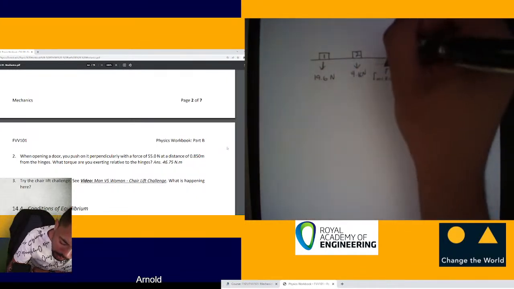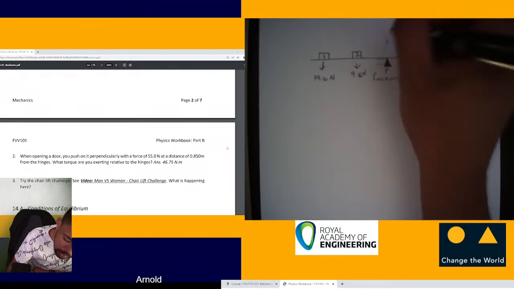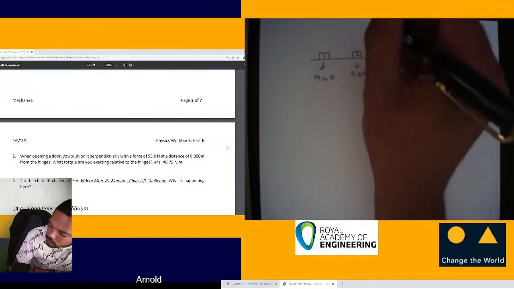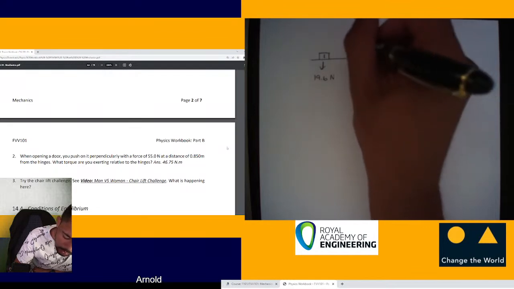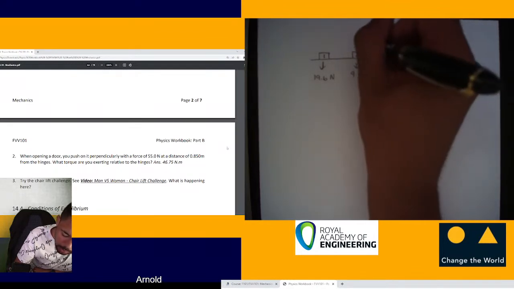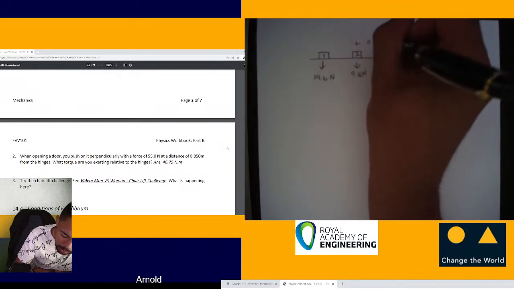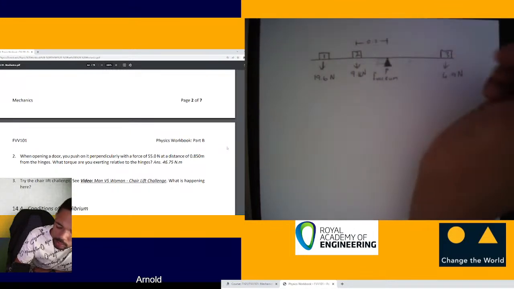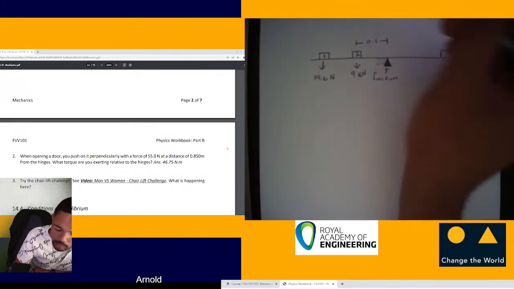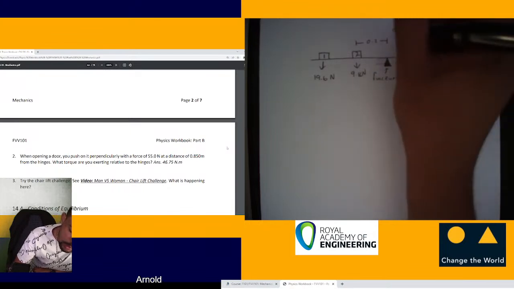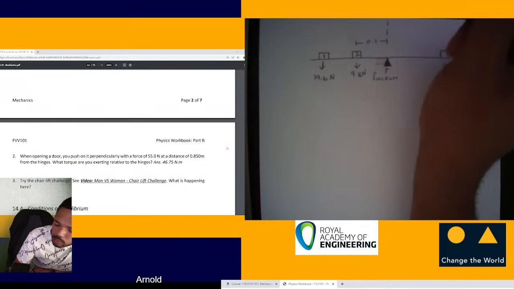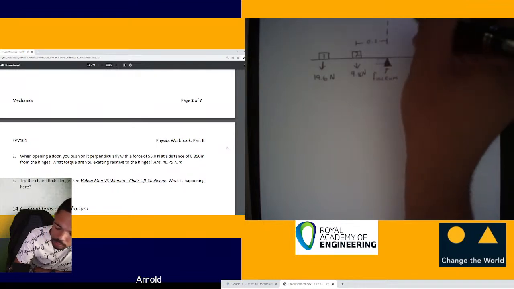Now there's something I almost missed, to give you the distances. The first distance, from box number 1 to the fulcrum, is 0.2 meters. I'm not going to write in meters, just the numerical values, but it is in meters. The second one, to box number 3, is 0.3 meters.